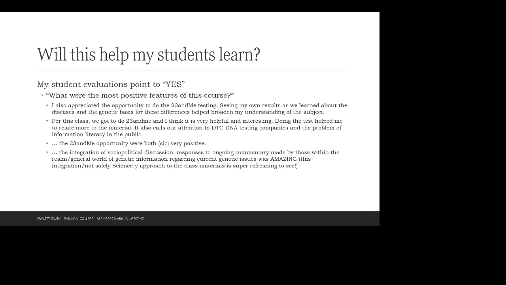So they were very happy that we went a little bit outside of the box, outside of the textbook boundaries, to engage with some topics that really are challenging the population. So yes, your students will probably be aided in learning if you incorporate some sort of direct-to-consumer genetic test such as 23andMe into your human genetics classroom.